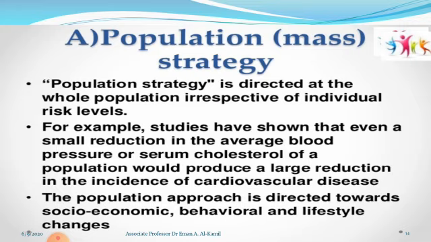That means if we apply a certain primary preventive procedure, for example detection of risk factors among people as a whole, this will contribute to a reduction in the incidence of cardiovascular disease. So the population approach is directed toward socio-economic, behavioral, and lifestyle changes, according to the type of disease we are going to prevent.